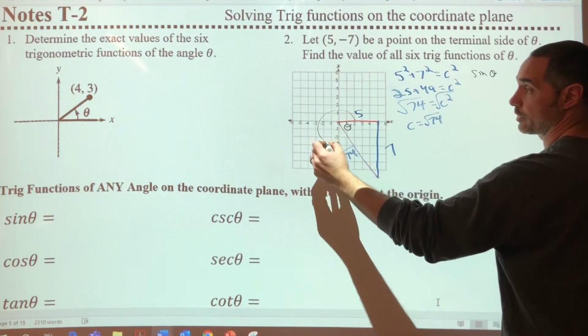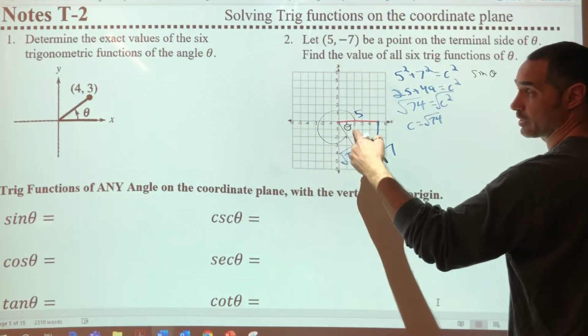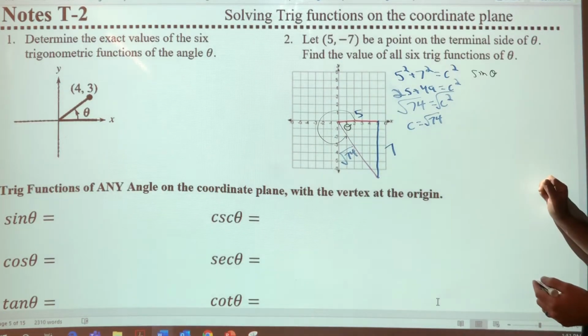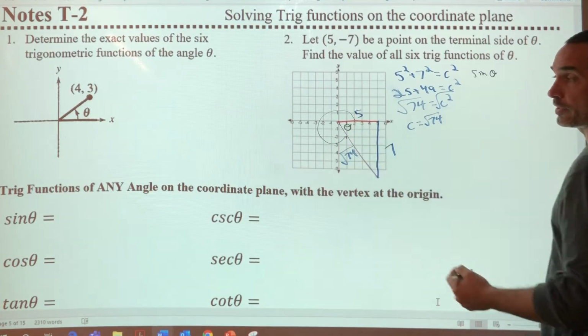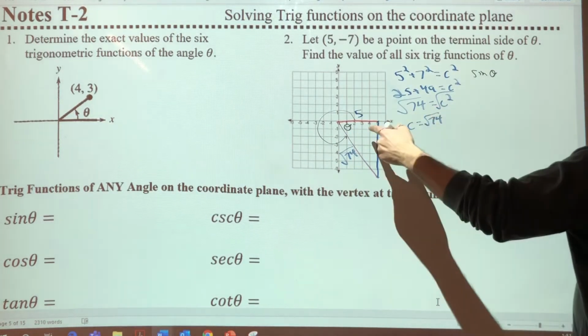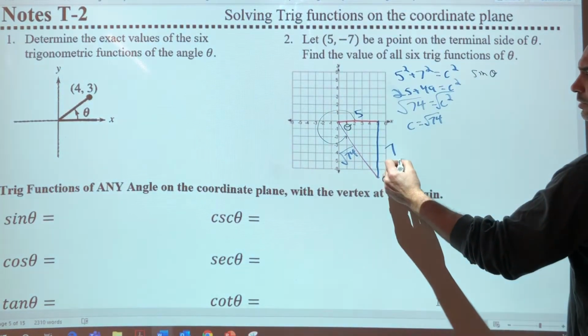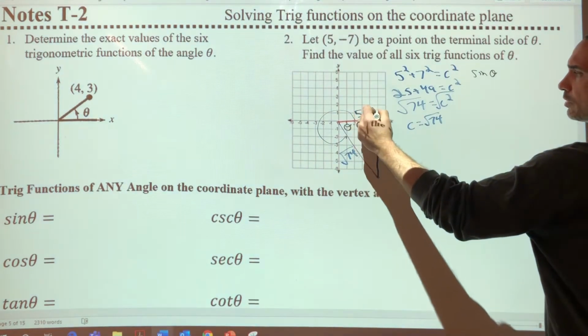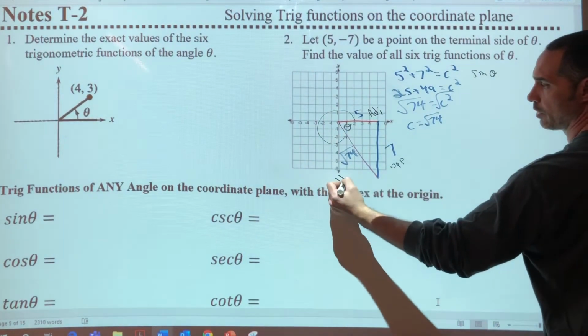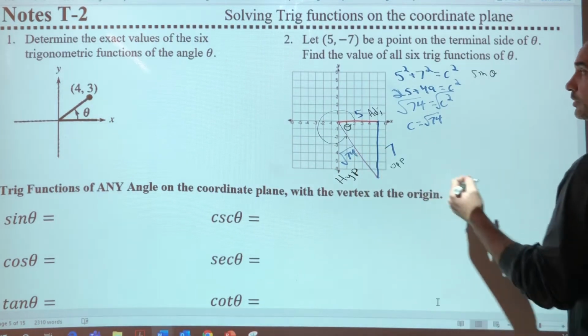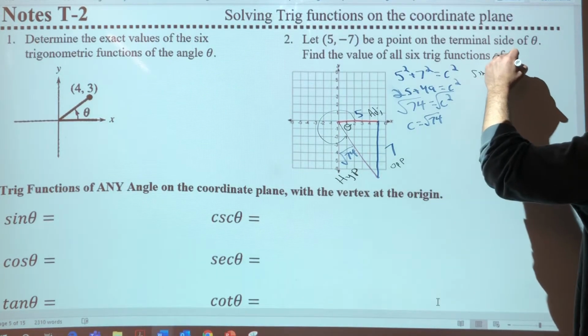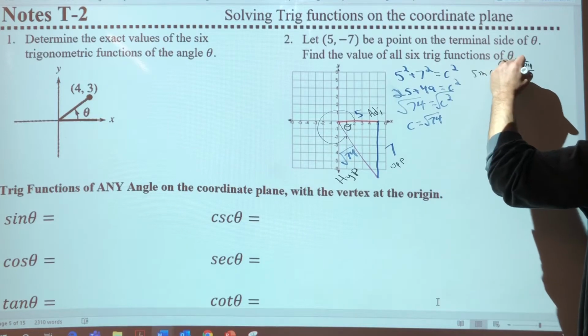We are looking for this angle here, but we're using this angle inside here, which is called a reference angle. When we use a reference angle, we have to identify when things are positive and negative. So the sine of theta, this would be opposite, this would be adjacent, and over here would be the hypotenuse. So sine is 7 over root 74, which simplifies to 7 root 74 over 74.